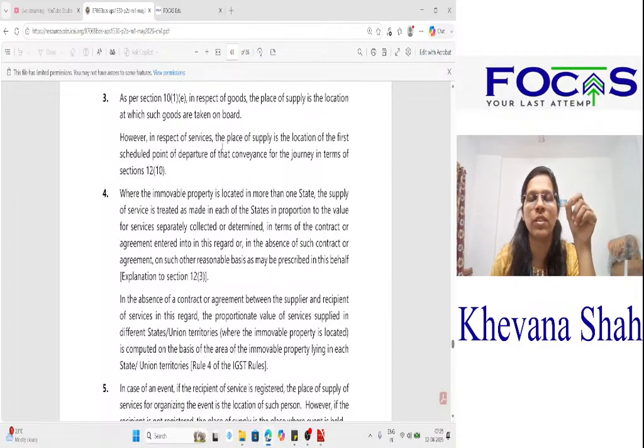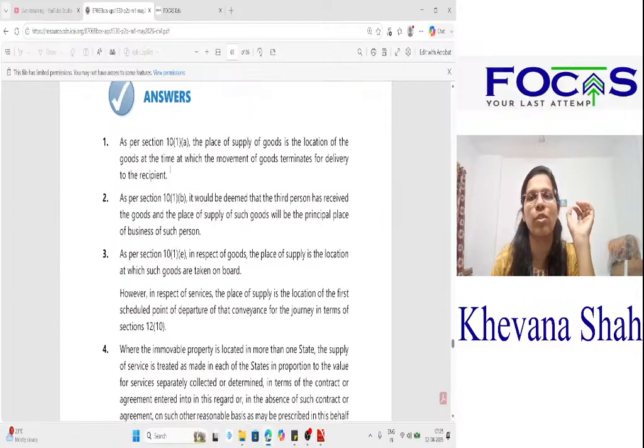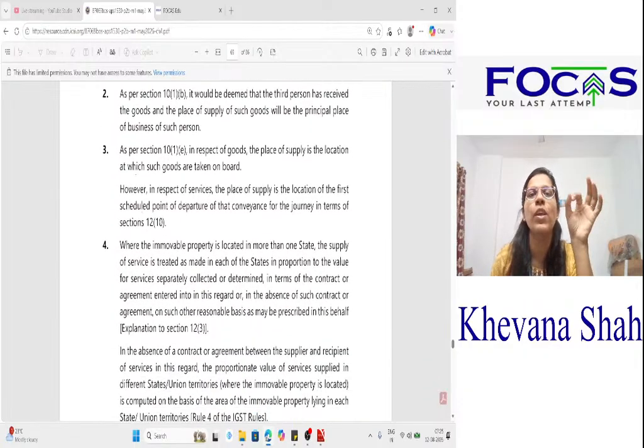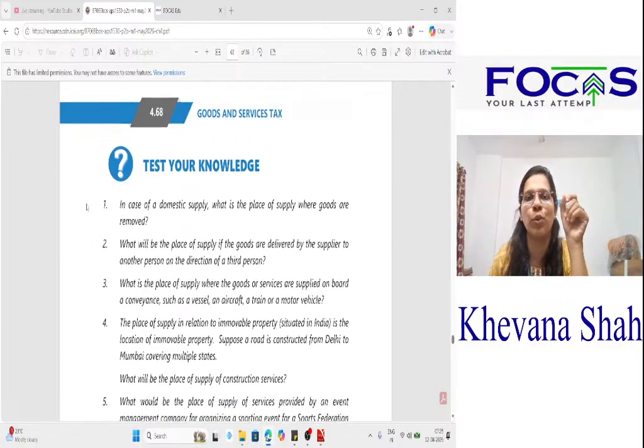However, in respect of services, that is covered in section 12, which we have not covered today. We are only covering domestic goods for today.